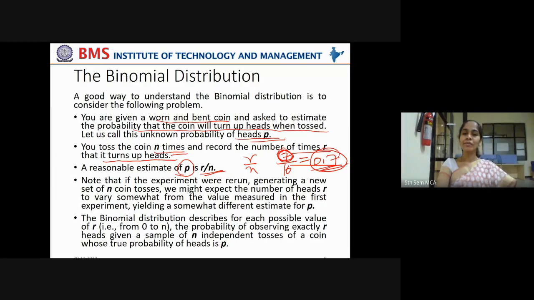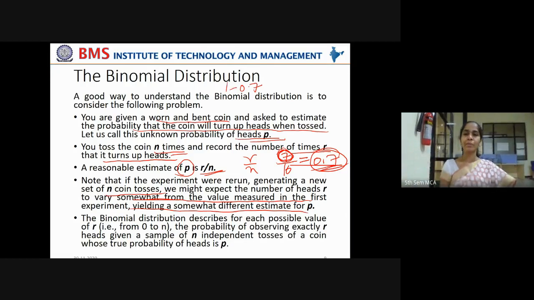Note that if the experiment were rerun, generating a new set of n coin tosses, say the second time you again toss the coin 10 times, we might expect the number of heads R to vary somewhat from the value measured in the first experiment, yielding a somewhat different estimate for P. In my first experiment, I tossed the coin 10 times and got 7 heads, so my probability is 0.7.